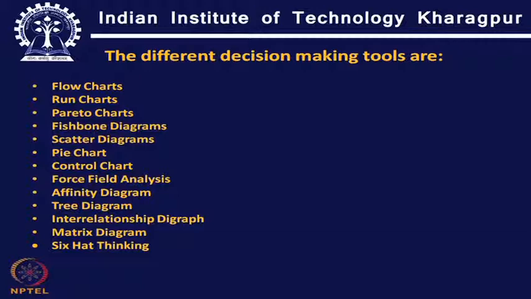In this short span it is not possible to cover the details of all the different things listed, so it is useful if the learners try to learn on their own part what a flow chart is, what a run chart is, a tree diagram, and all these things. So you can refer to the net to find out how decision making takes place at the group level.